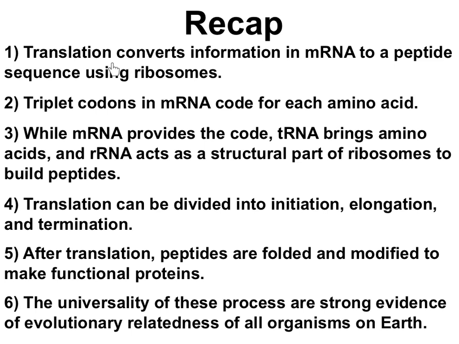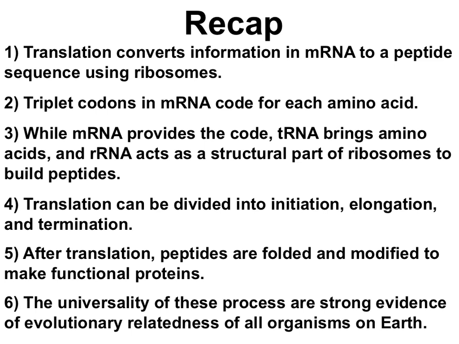Translation is the main focus of this video, which converts information in RNA to a peptide sequence using ribosomes. We learned about how the triplet codons are needed in mRNA to code for each amino acid. And there are 3 different RNAs involved in the translation process. mRNA provides the code, tRNA transfers amino acids to a growing protein, and rRNA acts as a part of the ribosomes.